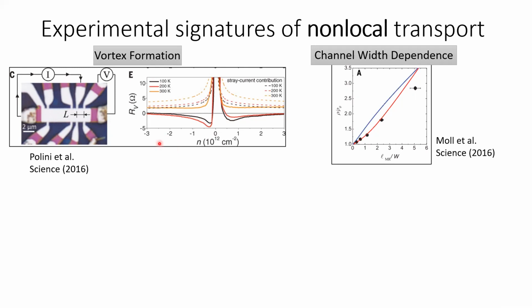For instance, people have measured vortex formation by looking at negative non-local resistances, finding that resistances are negative. By looking at the channel width dependence of the resistivity, people have found deviations away from ohmic behavior, signifying some kind of non-local or viscous fluid flow.